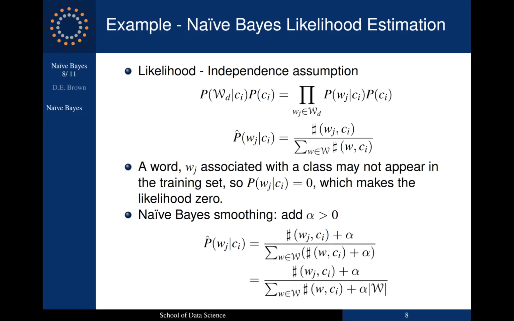That alpha could be relatively small, on the order of 0.01 or 0.001, but it's just a way to keep the naive Bayes classifier from collapsing. If you're going to use this for text, you have to include that kind of smoothing parameter. It's a very simple thing to do. You just incorporate it, as you can see, in both the numerator and the denominator.